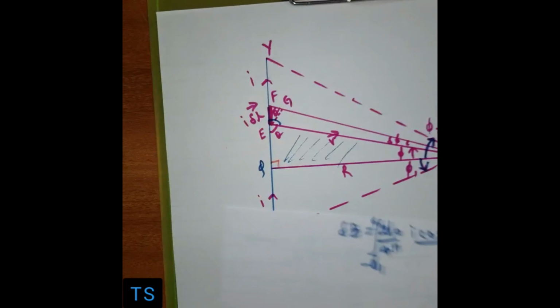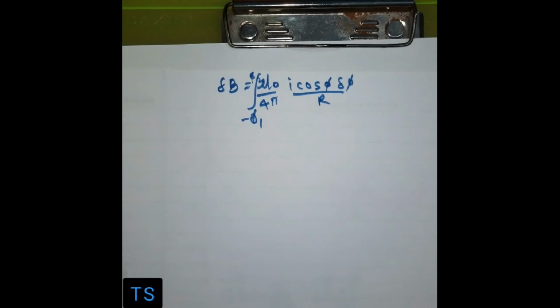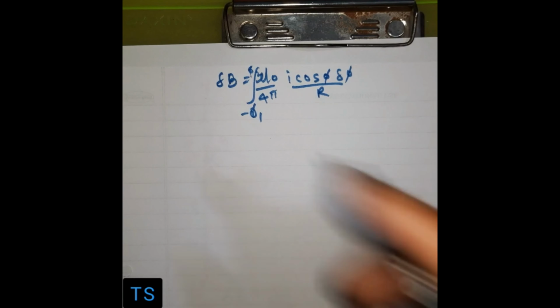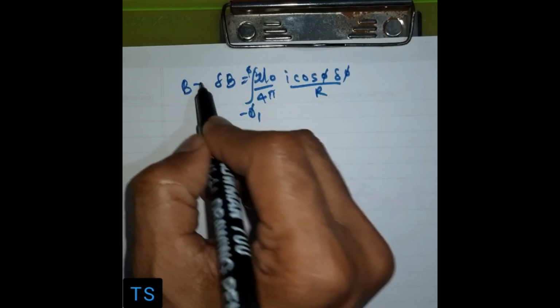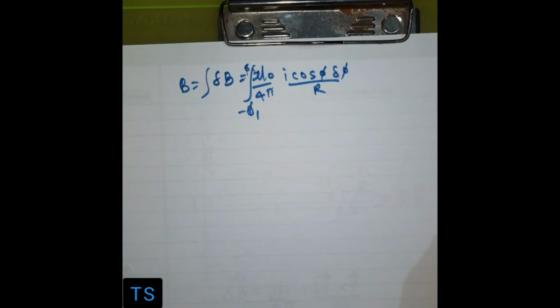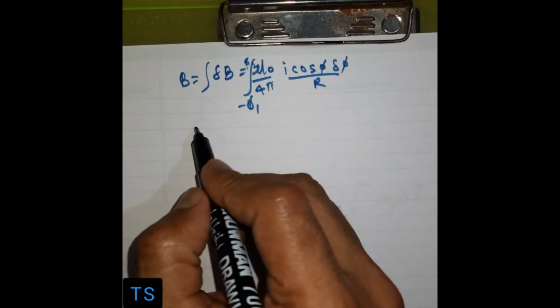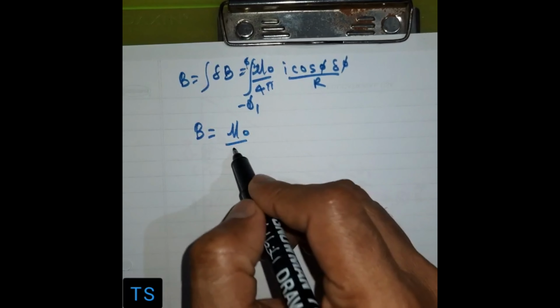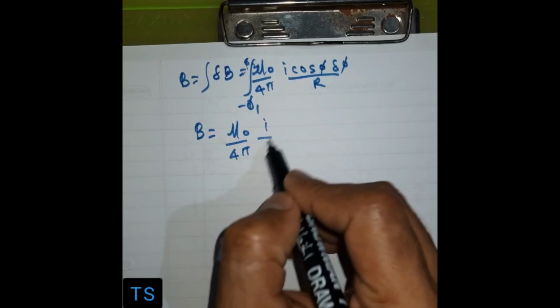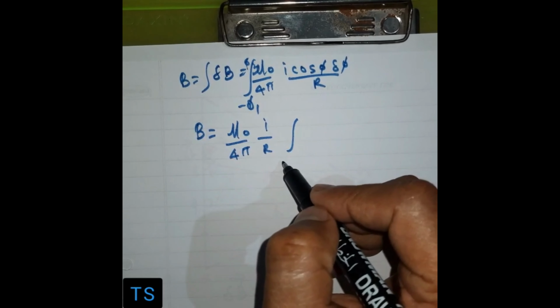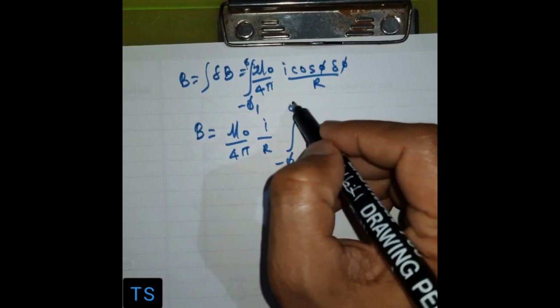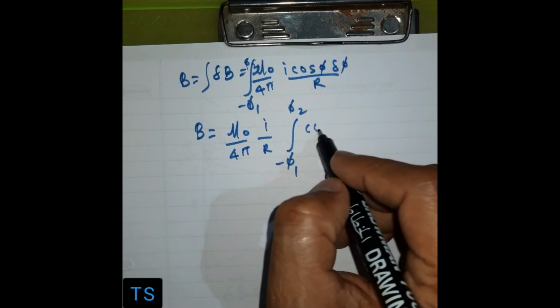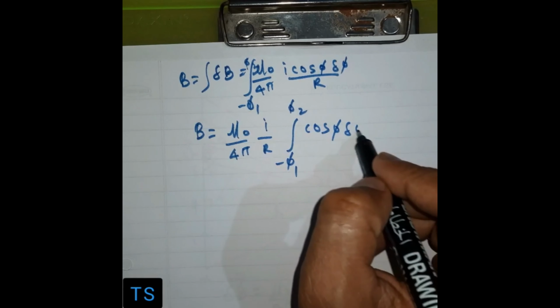Now we simplify this. This value will be my B because it's the integration of all delta B. So I get B equals, constant terms will be mu naught by 4 pi I upon R, integration from minus phi 1 to phi 2 of cos phi delta phi.